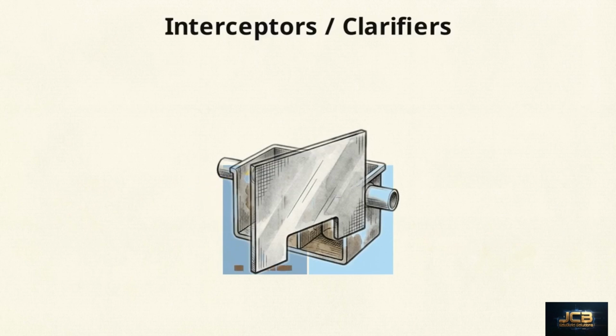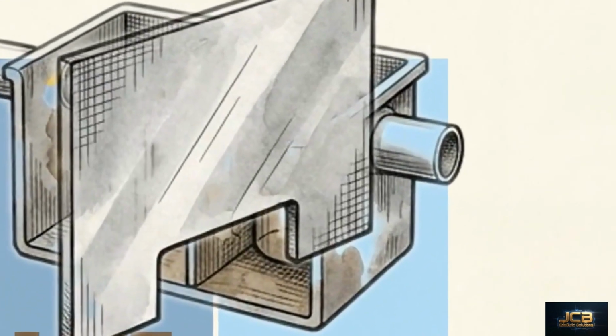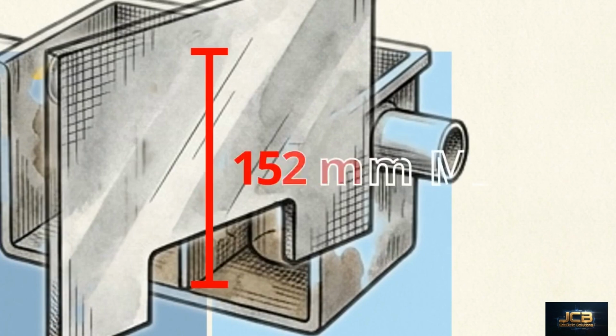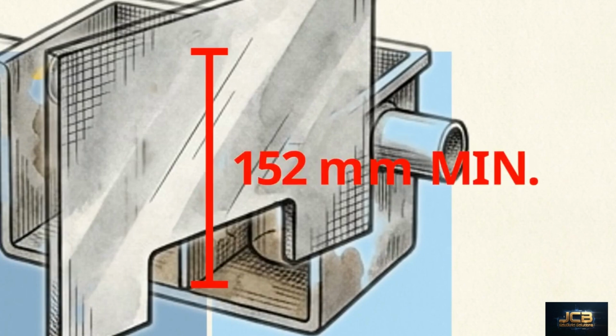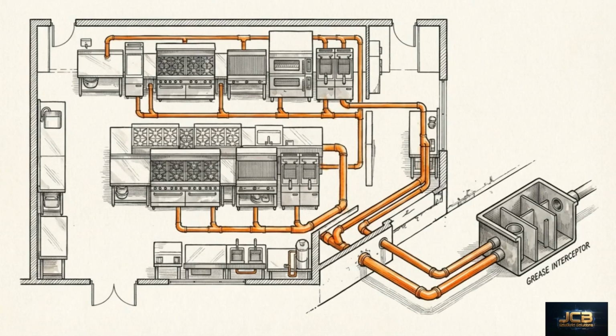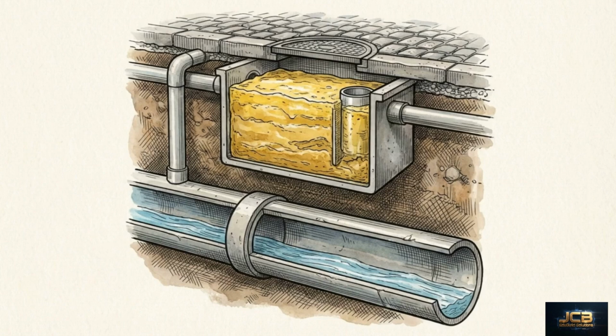By design, all interceptors must be readily accessible for cleaning, vented to prevent air binding, and engineered with a water seal significantly deeper than standard fixtures. It must be no less than 152 millimeters deep. Commercial grease traps are specifically required in restaurants, cafeterias, and meatpacking establishments. They isolate fats and oils before they can cool, solidify, and paralyze municipal sewage treatment systems.